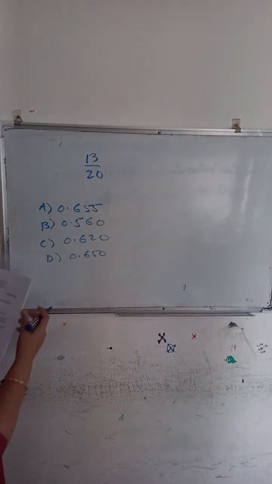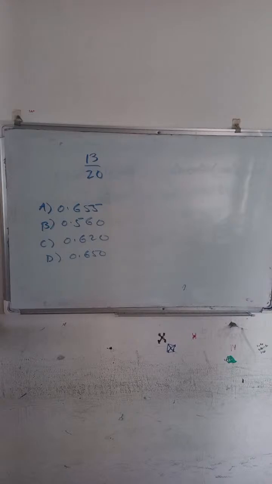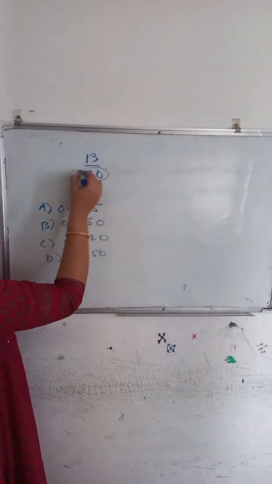Okay, so these are the numbers given, and we have the number 13 by 20, and we have to convert this into decimal form. So how can we solve this? Whenever this kind of question comes, no need to do the division, you can make the denominator 100.